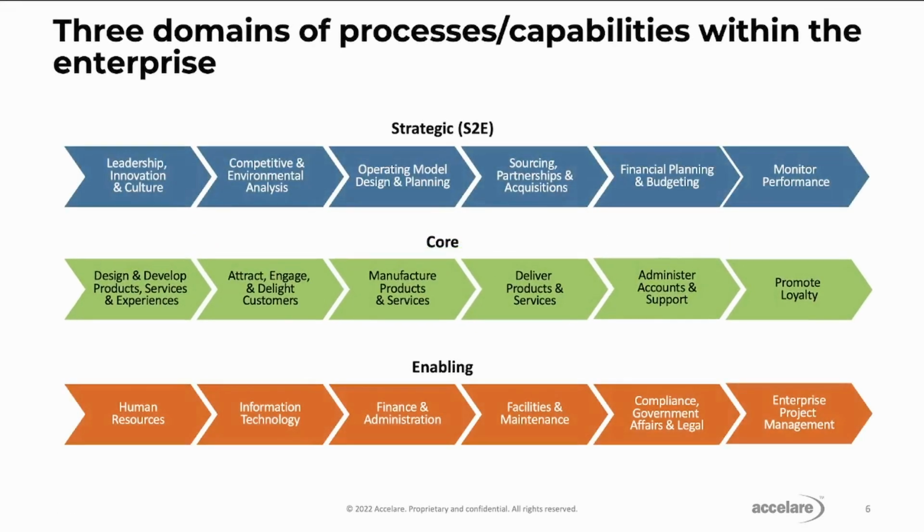And in doing so, recognize the 3 domains of capabilities or processes within the organization: the strategic processes, which we're talking about right now, the enabling processes such as finance, HR, IT, and others that represent areas within the enterprise that are necessary but don't directly touch the customer, and then finally, the core processes that deliver the organization's value proposition.